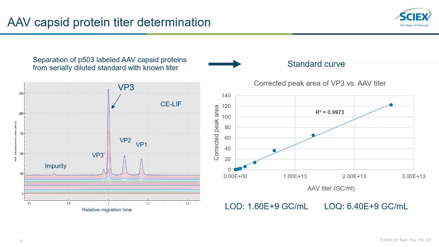And when we calculate this capsid protein titer, and we'll actually do this in our next webinar, if you're here for the next webinar, we're looking at how we can leverage this capsid protein titer determination along with a genomic titer determination that we're going to get from our genomic integrity assay, how we can put those two together to get an idea of what the true empty full ratio is of our sample.